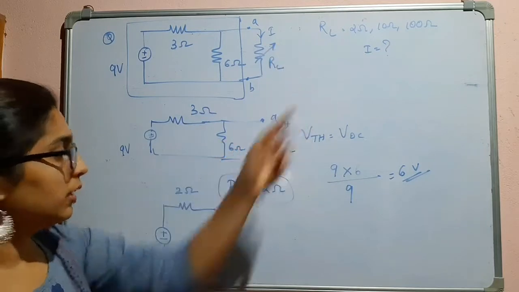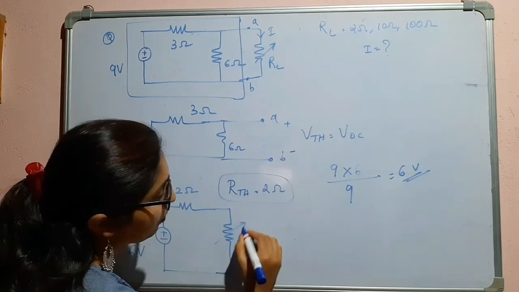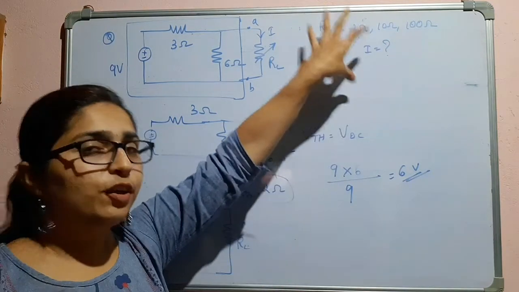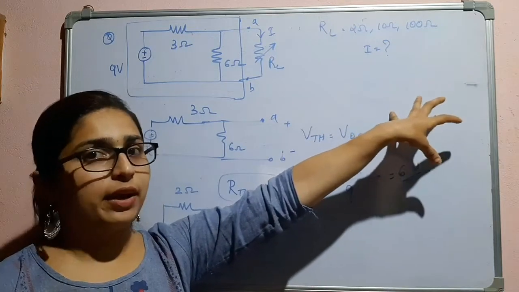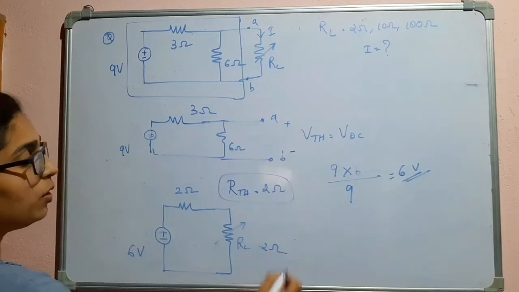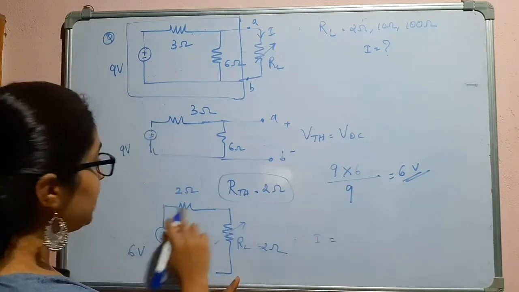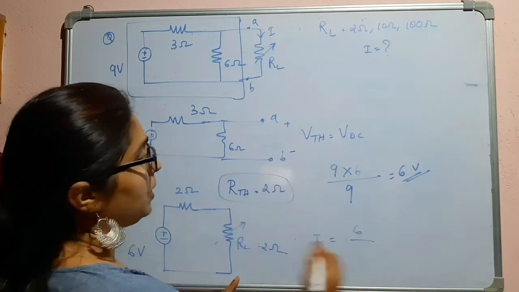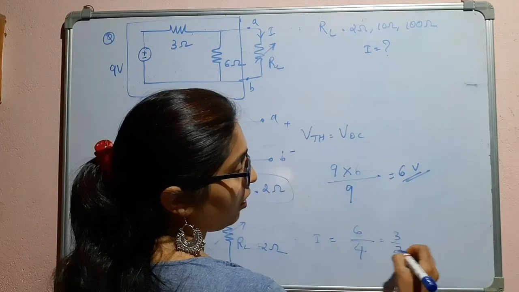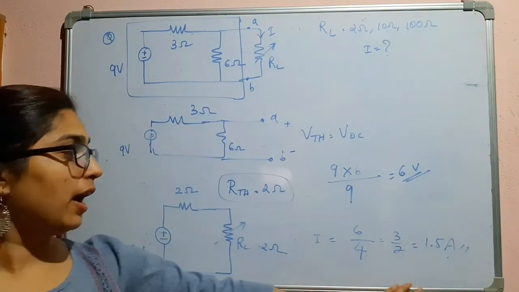Now we have to take the load resistor RL, which is variable now. I will fit in different values of resistance and find out the current through it. First, if I take it as 2 ohm, the current will be 6 divided by 2 plus 2, that is 1.5 ampere.